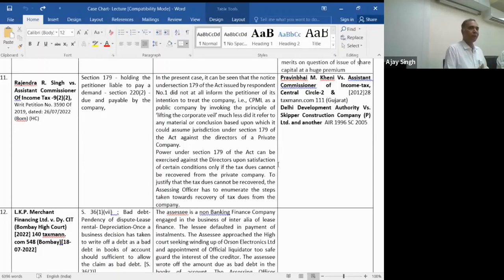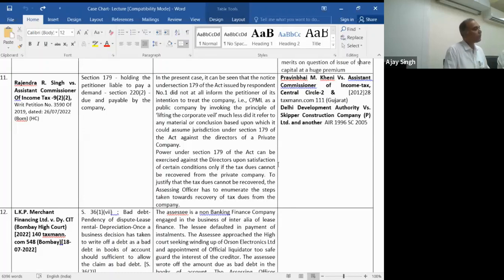But while doing so, you should give a proper opportunity to the assessee to meet its case by issuing necessary notice. 179 never talks of private limited or public limited. It's closely held. And therefore they wanted to lift the corporate veil and come to a certain conclusion, which actually was not put forth before the assessee. So one of the grounds taken by the assessee was: what was the material, why have they done that?